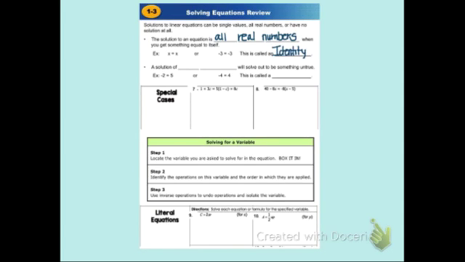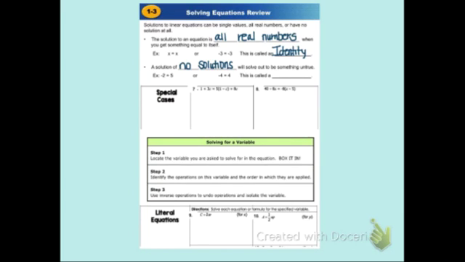Now a case of no solutions will turn out to be something untrue. For instance, if you end up getting something like negative 2 equals 5 or negative 4 equals 4. In most cases, by that last step the variables have dropped out and you have 2 different numbers on either side, which is an untrue statement.